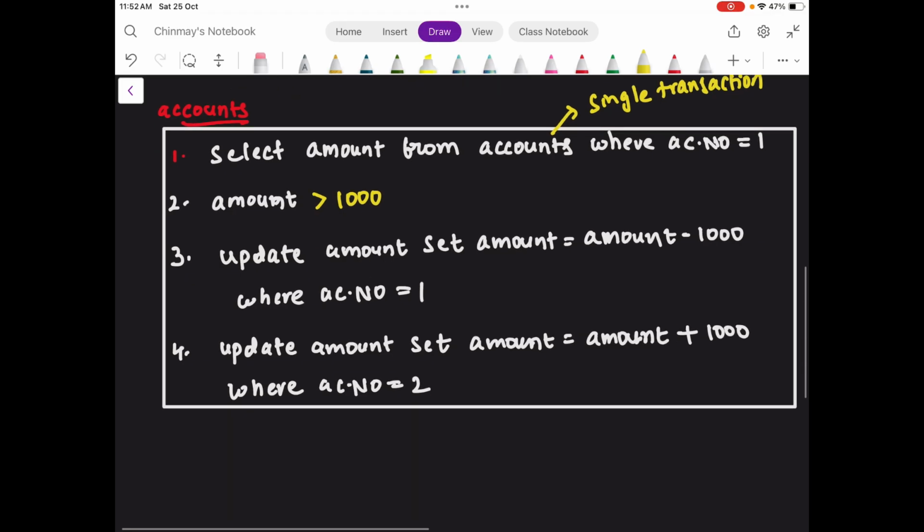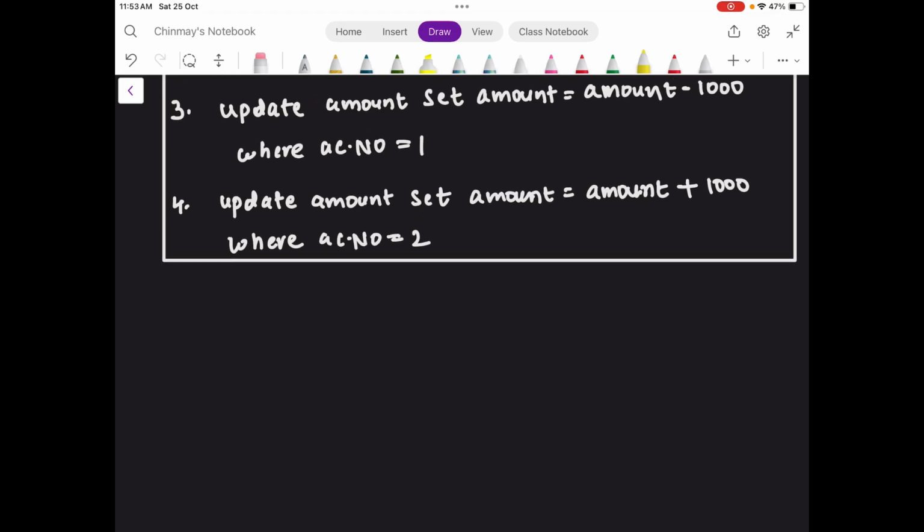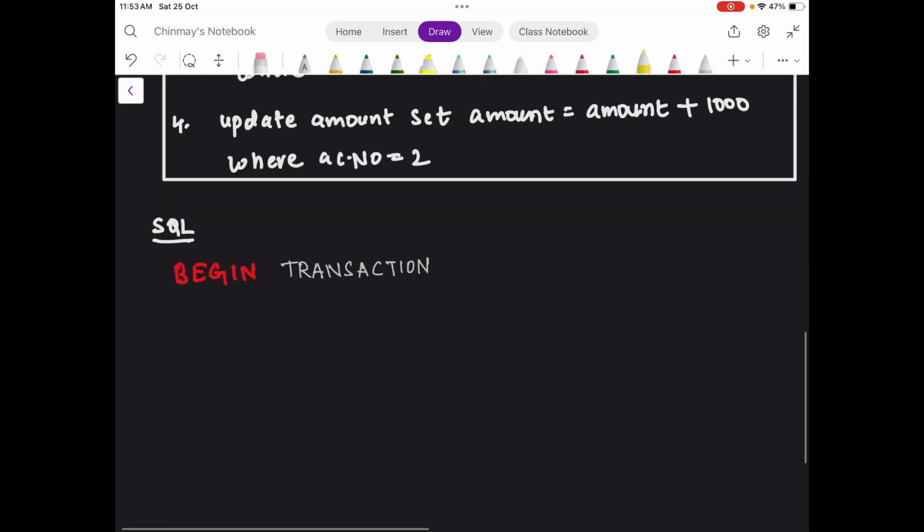Generally in relational databases like MySQL, when a transaction gets initiated, we begin the transaction, write the statements, and later we make the commit.